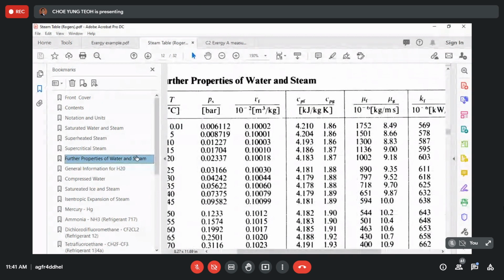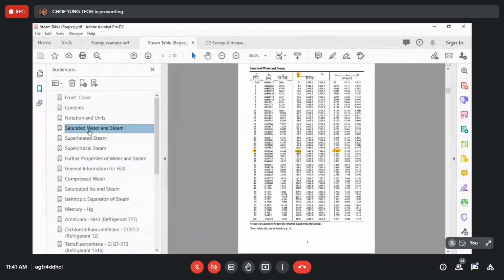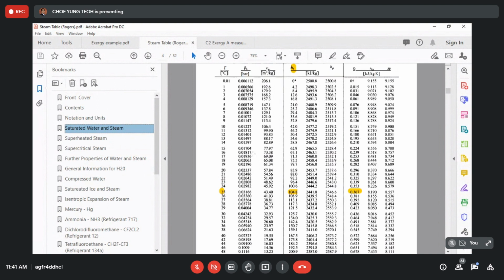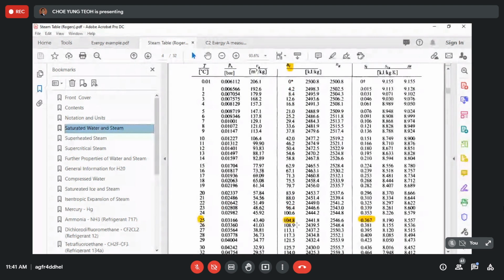And then we want to get the enthalpy and entropy, so we have to go back to the saturated water, and we go to the temperature of 25 degrees Celsius. And then we can get the hf here, 104.8.